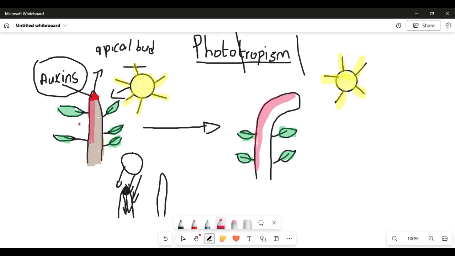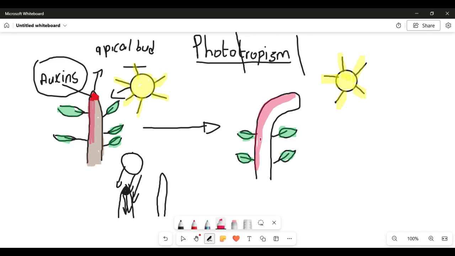Remember, auxins stimulate the growth of the stem. So the darker side, the side that is concentrated with auxins, will grow faster than the side that does not have auxins, the lighter side exposed to light, which would lead to a stem bending towards light.